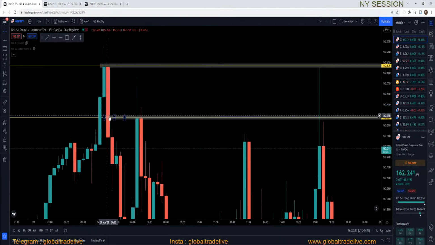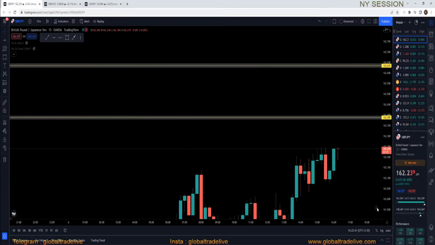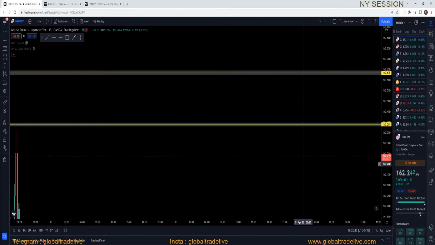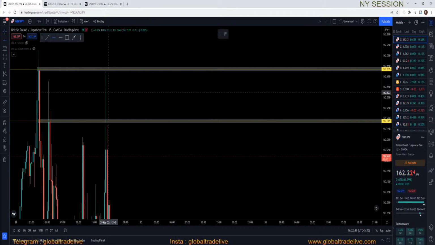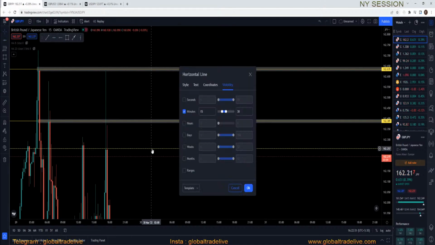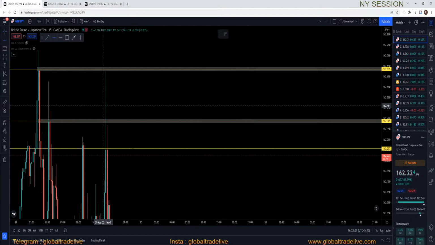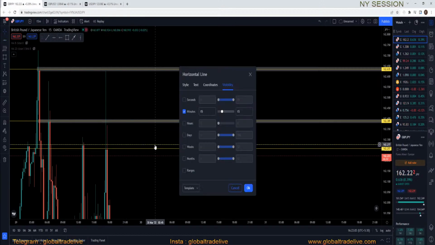Why? Because there's an extremely good clean range, but for that I need a candle to close above this area. Because we don't know whether the market's gonna reject this one, or whether the market's gonna reject this one.